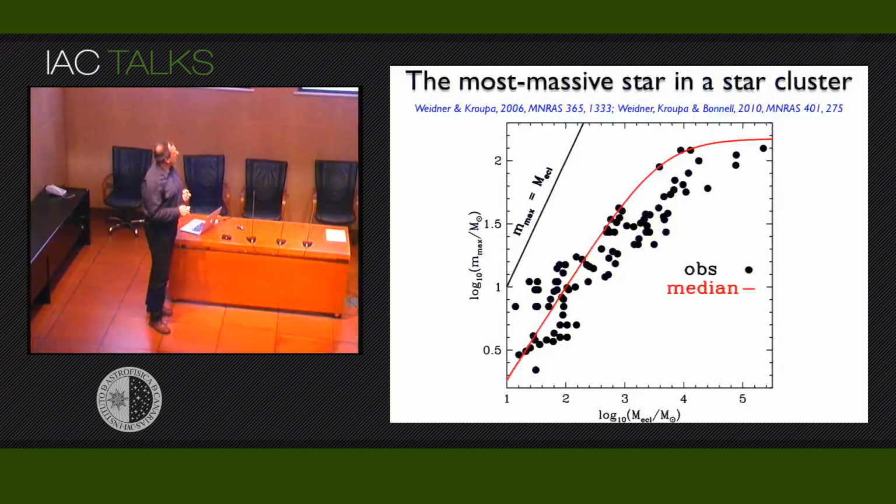You take 1,000 stars randomly from the IMF and add them up to get the cluster mass, then look which is the most massive one. You do this Monte Carlo like 100 million times, or you can actually calculate it for random sampling, and then you get these curves. If you don't include the upper mass limit, it's never going to work. No, I was imagining that it was a statistical effect. Yes, you don't have enough big samples.